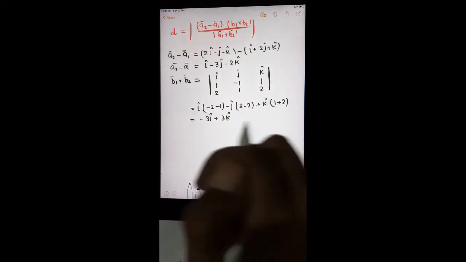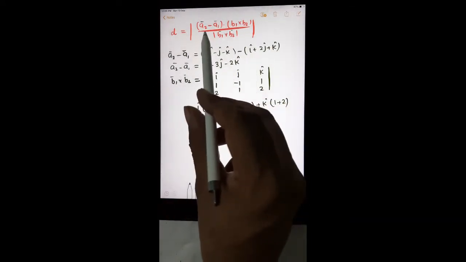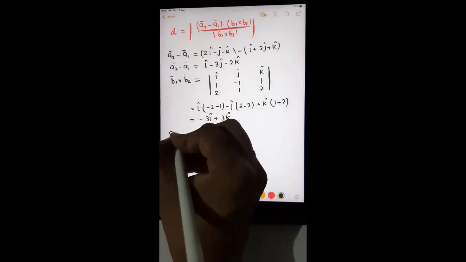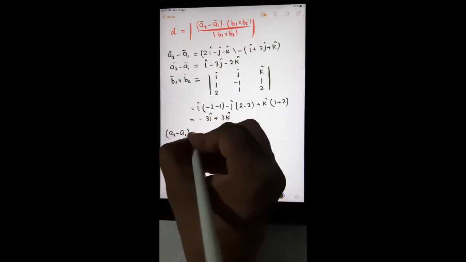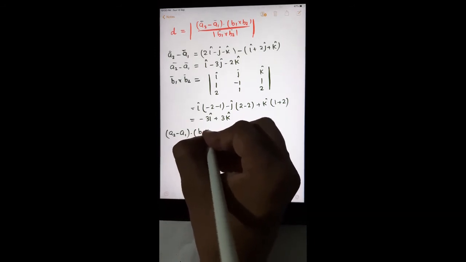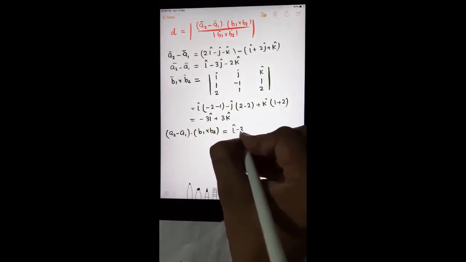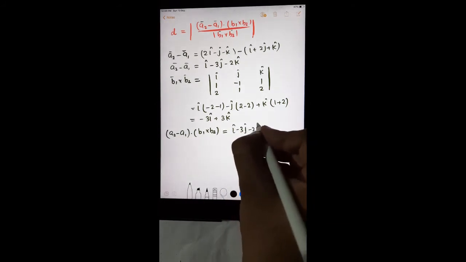This is the vector. Now in the numerator we require A2 minus A1 dot B1 cross B2. A2 minus A1 is i minus 3j minus 2k.